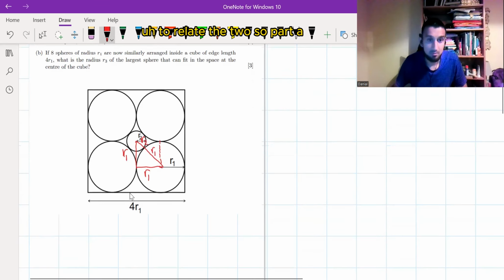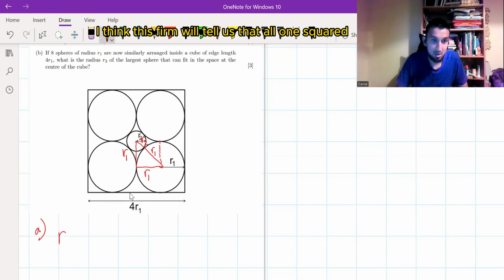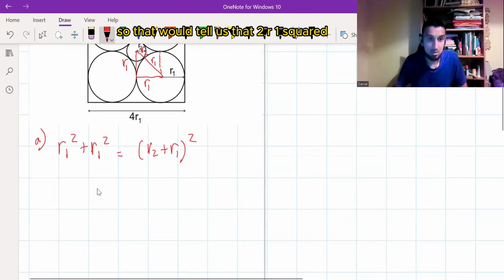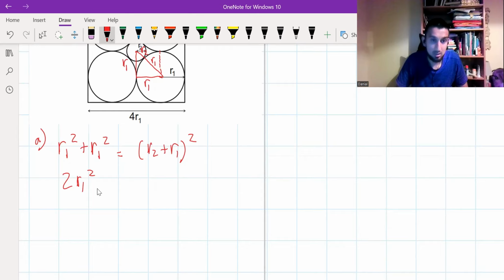to relate the two. So part A, Pythagoras' theorem will tell us that R1 squared plus R1 squared will equal to R2 plus R1 squared. Okay, so that would tell us that 2R1 squared will equal to R2 plus R1 squared.